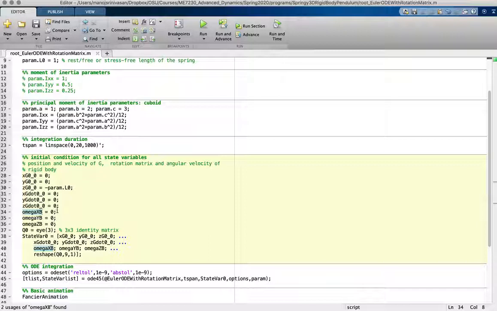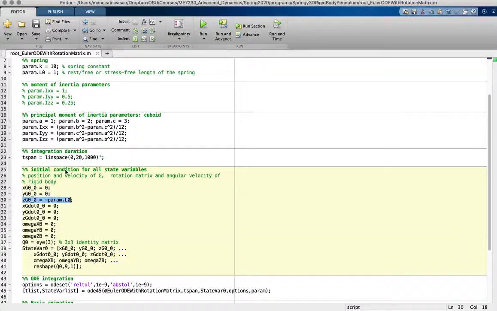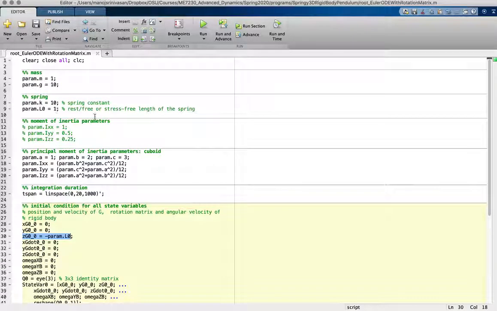So it's not rotating, it's not translating initially, but it's starting with an initial z, namely the vertical position, that is equal to minus L naught, where L naught is the initial, stress-free length of the spring. Okay.